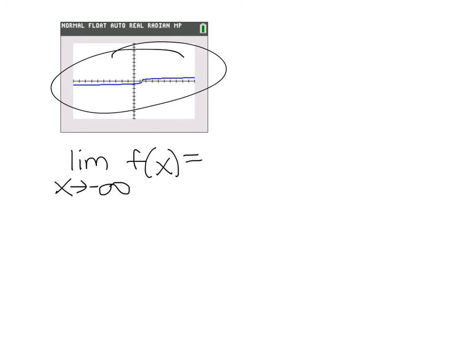We are still asked to find the end behavior of this function. If we look at the limit as x approaches -infinity, because we have an odd index, meaning the index on our radical was an odd number, which it was 5, we can graph this function like so, and we can see from the graph that as we move to the left infinitely, our y value is going down, so we're approaching -infinity.